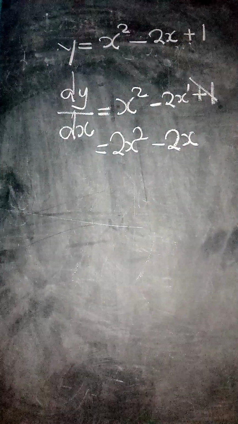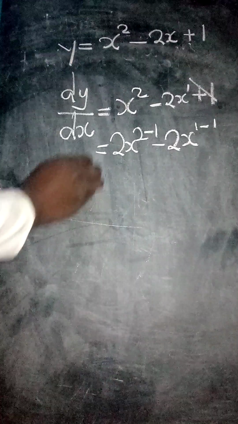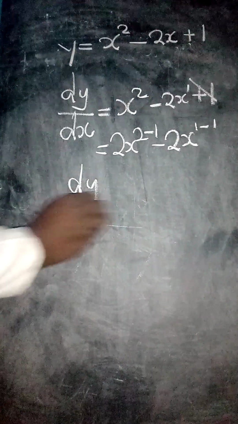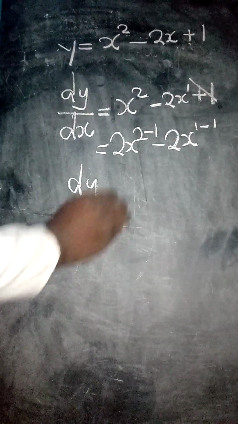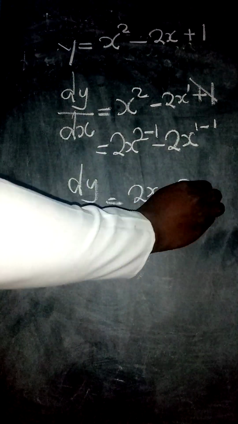A constant is always 0, since this number has no x. So just cancel it. What next? You subtract 1 from the powers, meaning 1 minus 1. You say dy dx is equal to 2x minus 2.